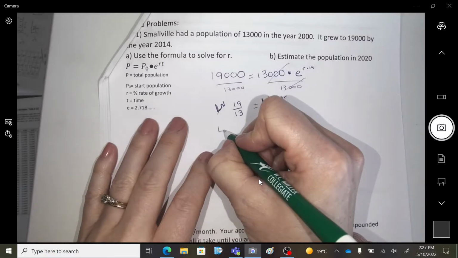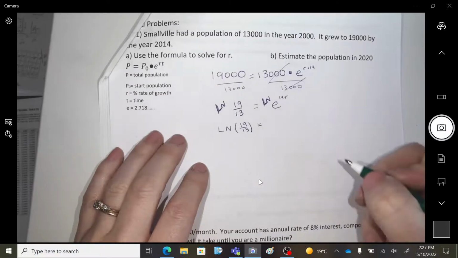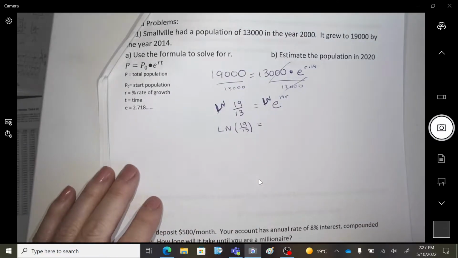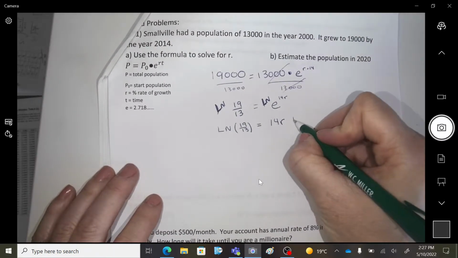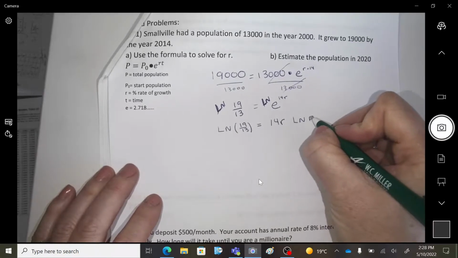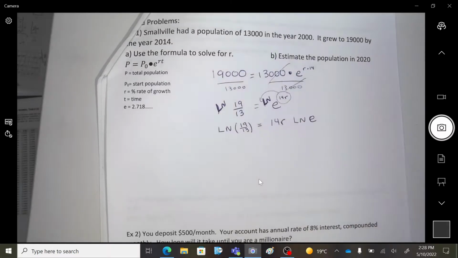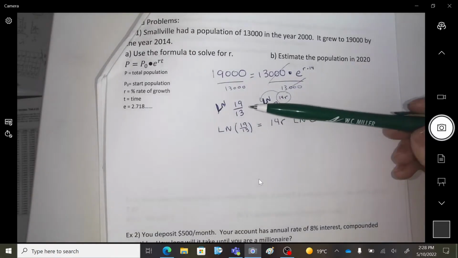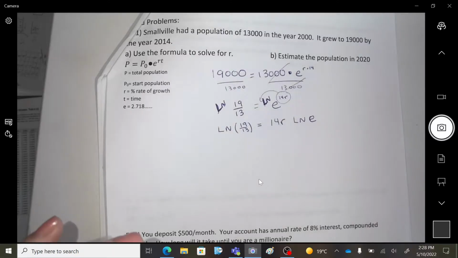Okay. So ln of 19 over 13 equals 14R ln of E. Because what do we know? Exponents can move to the front. I'm also going to tell you, if I really wanted to, I could have split those apart.